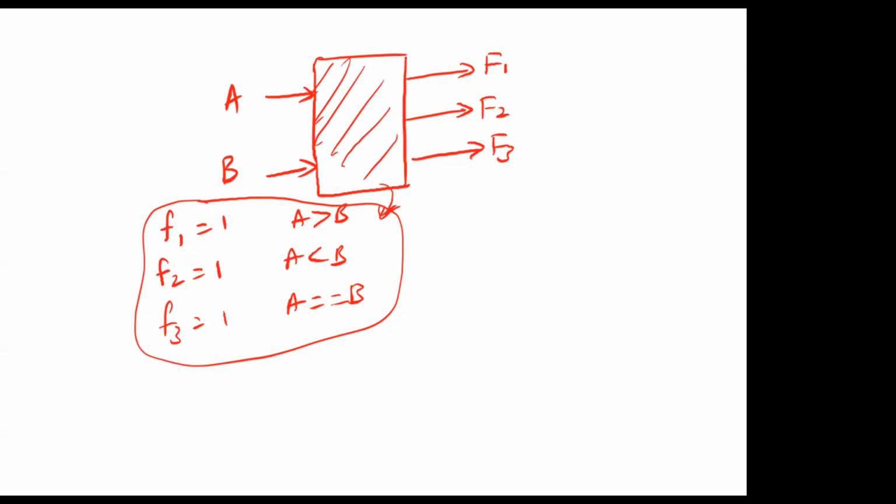My problem statement says I have two inputs A and B and three outputs F1, F2, and F3, and they should be ones or zeros depending on whether A is greater than B or A is less than B or things like that. And I want to write a Verilog construct for this particular thing. Is it possible for me to write it directly?